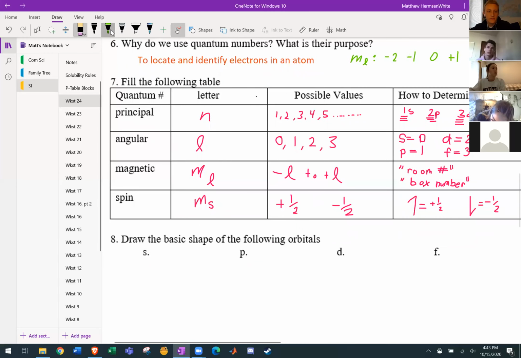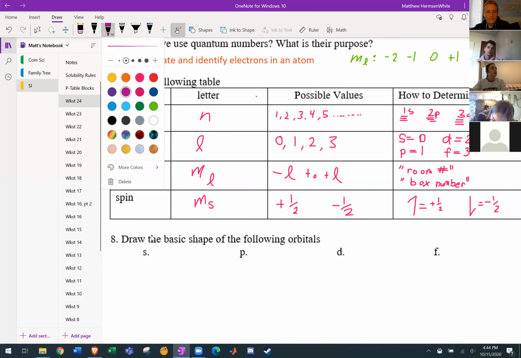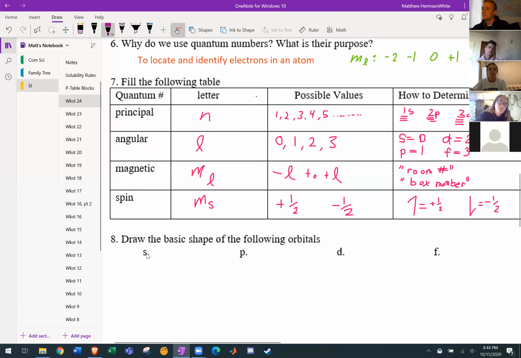Okay, so moving on to number 8. Lastly, before we get to doing some examples with quantum numbers, the basic shape for the following orbitals. We have an s orbital, p orbital, d, and f orbitals, which correspond to the blocks on the periodic table. Here are the basic shapes.